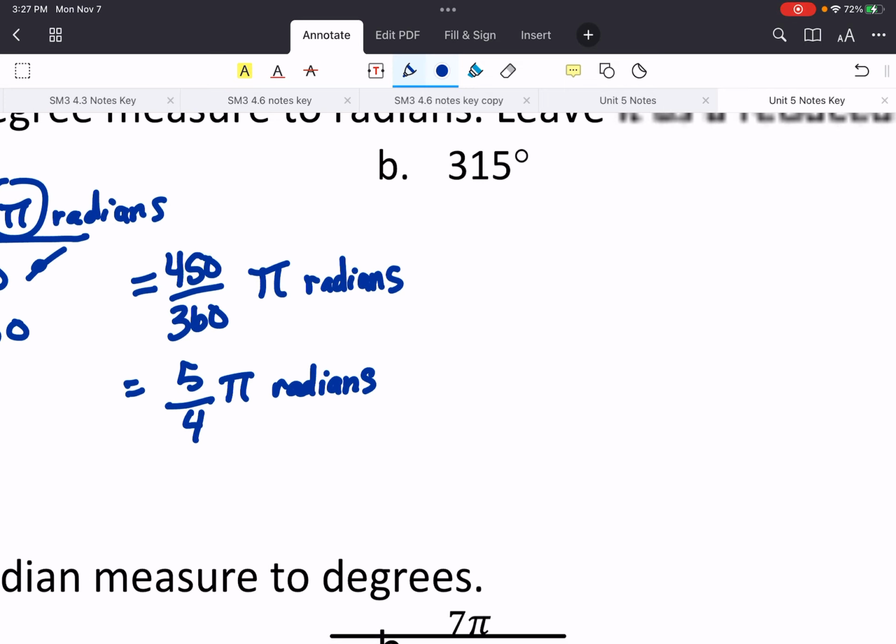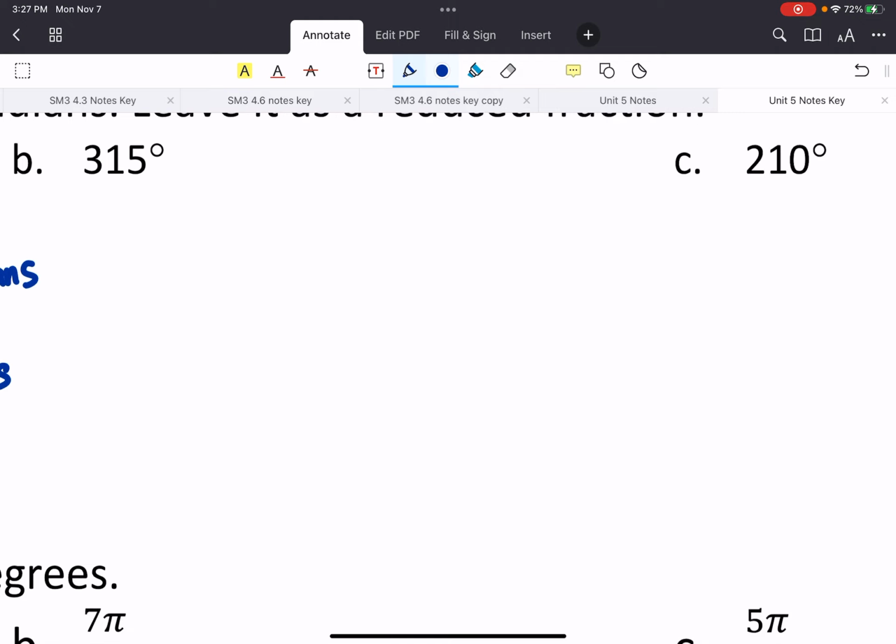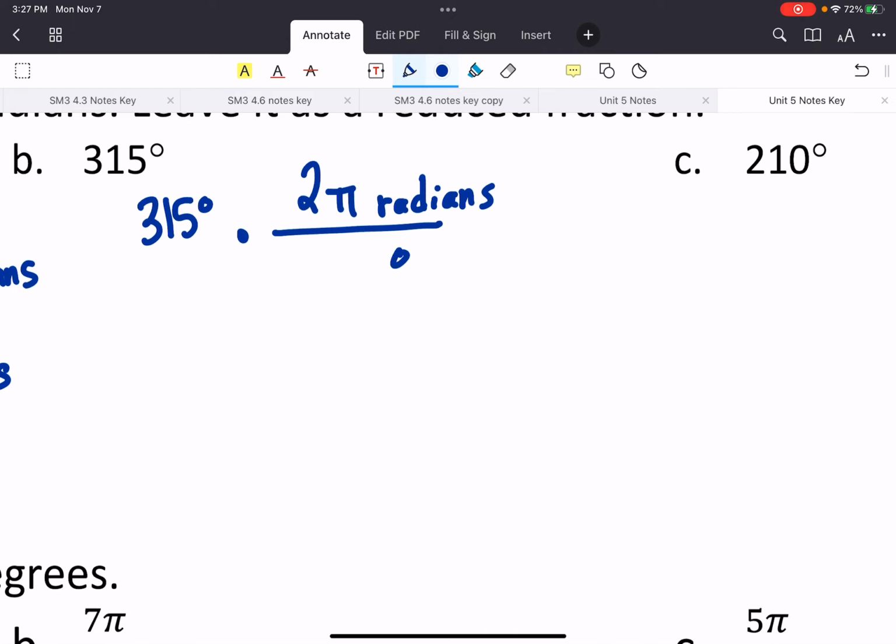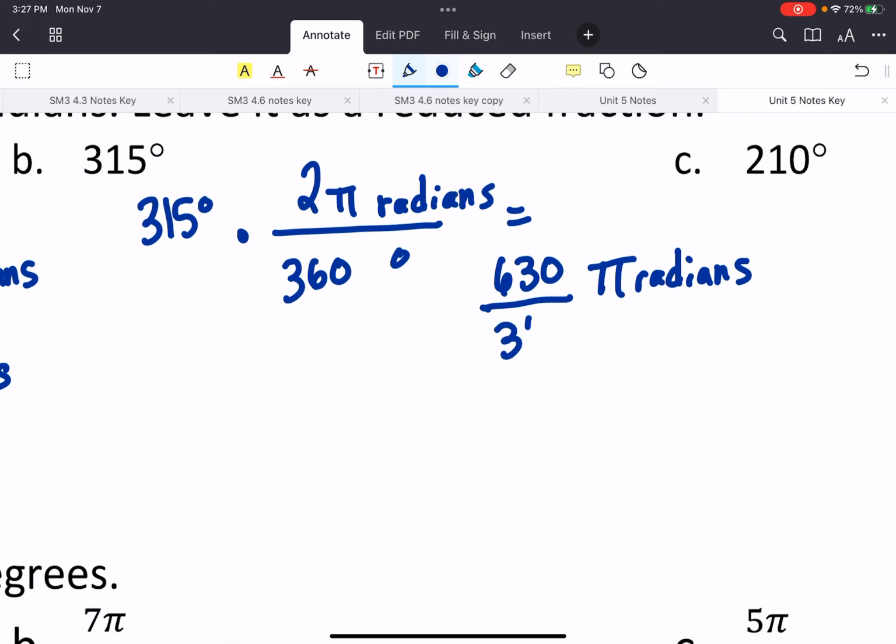We want to try that one more time with a 315. We want to become radians, which is 2 pi, and get rid of our degrees. So we put 360 on the bottom. Our answer is going to have pi radians. 315 times 2 is 630 divided by 360 because our degrees canceled out.